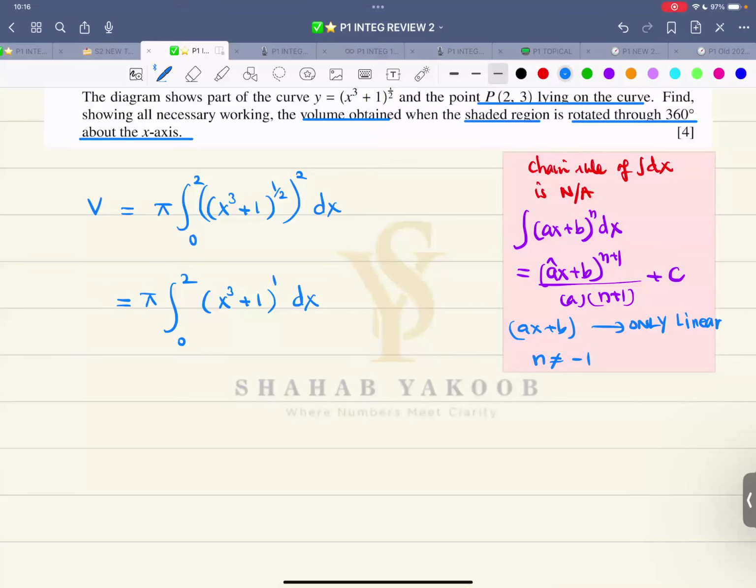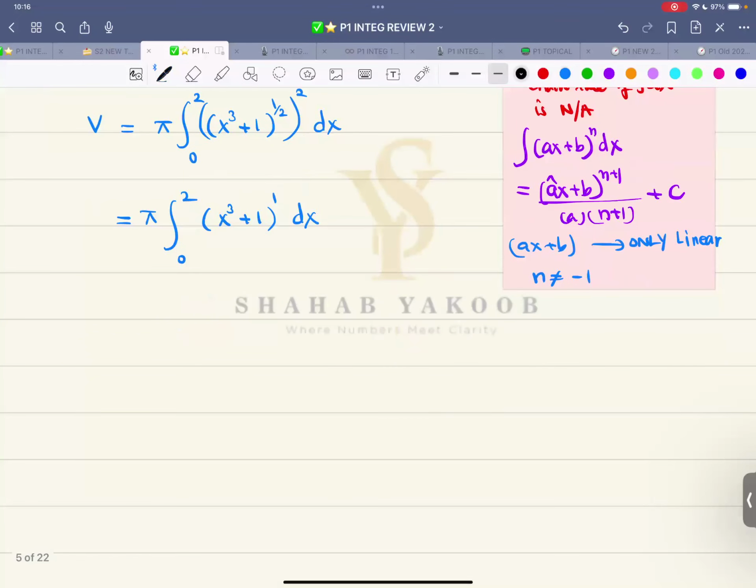That is, n could be any power except n should not equal to -1. So right now, you have to integrate it individually. So this is pi. This is x cubed over x power 4. So this is 3 plus 1 divided by 3 plus 1, and 1 becomes x between the limits 0 and 2.